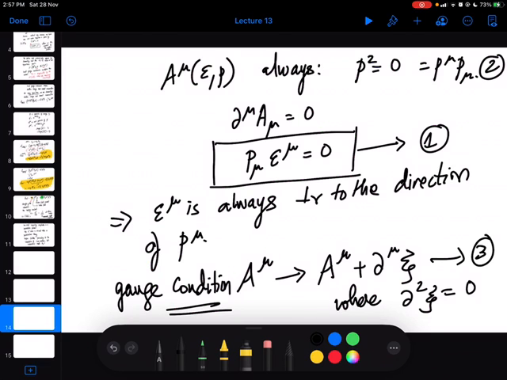This is very similar to what you have in classical electrodynamics. There, you replace A with A plus the gradient of some potential, and φ with φ minus its time derivative. So it is very similar to that.